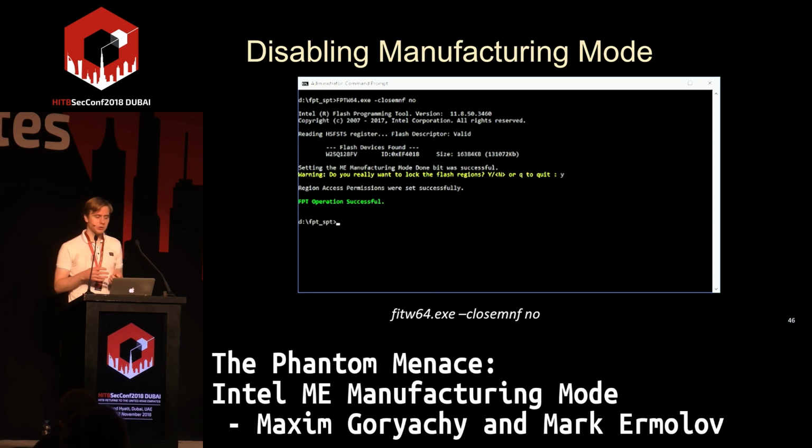FPT has a special option, close manuf, that in addition to its main purpose also allows setting the recommended access rights for the SPI flash regions in the descriptor. And you can see the output of this utility on the screen.